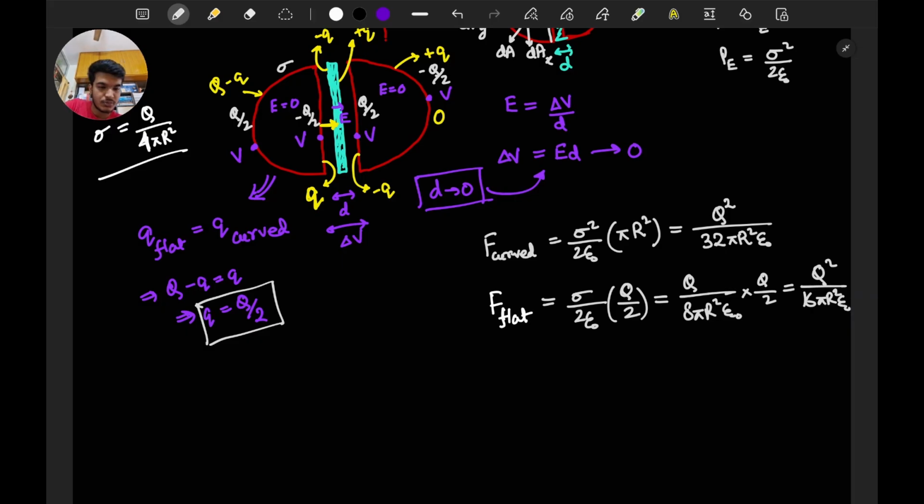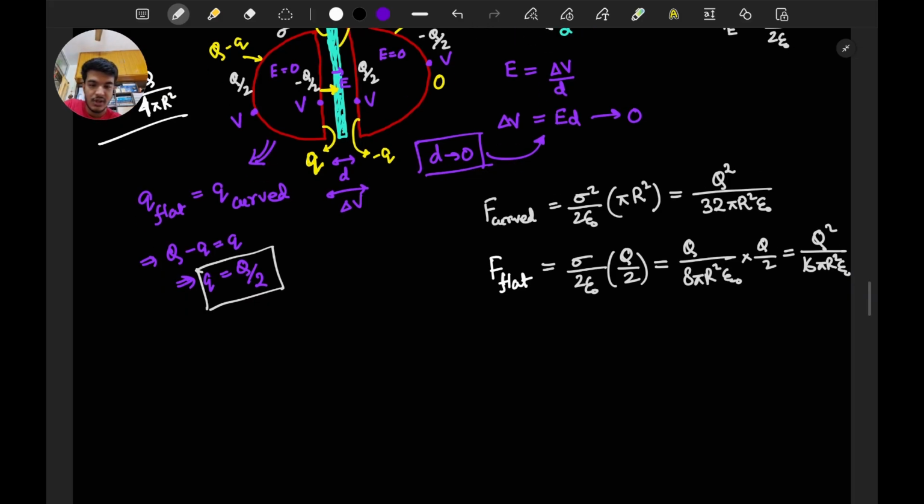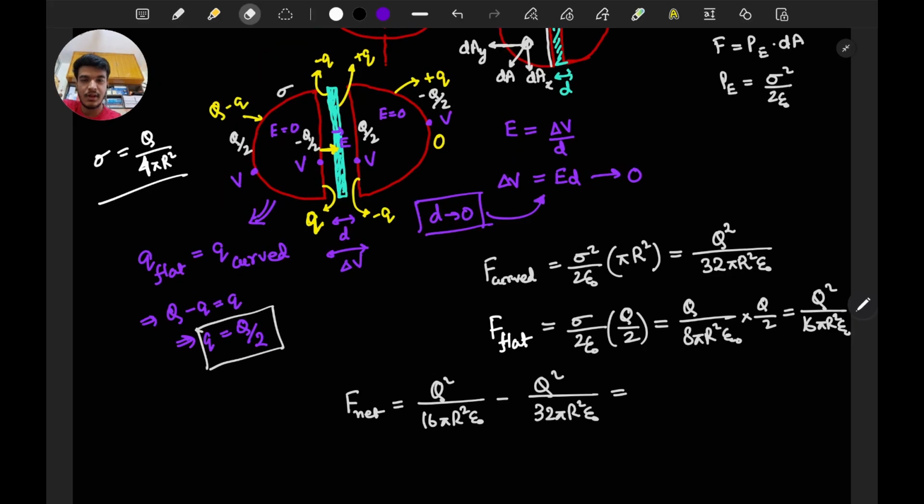And these are my two forces, and I have to find the net force, which would be equal to q square by 16 pi r square epsilon naught minus q square by 32 pi r square epsilon naught. Yeah, so I made a mistake here, because the sigma here is different.